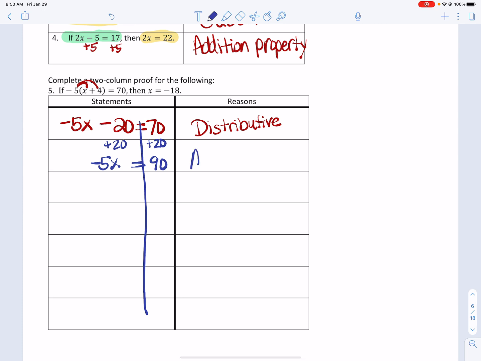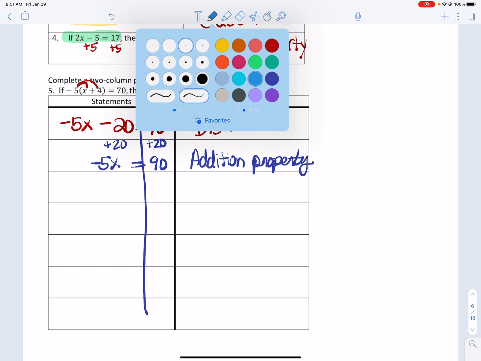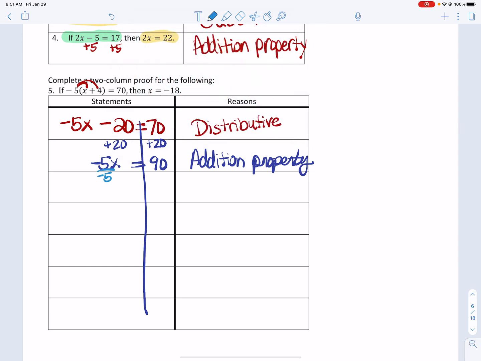And that's the addition property of equality. You can add something to both sides. And then I'm going to take my next step and I'm going to divide both sides by negative 5. So that would be x equals a negative 18, which is the division property because I'm dividing each side.